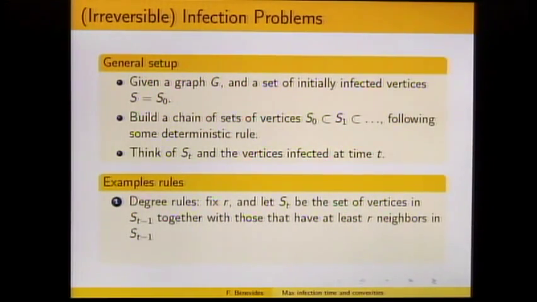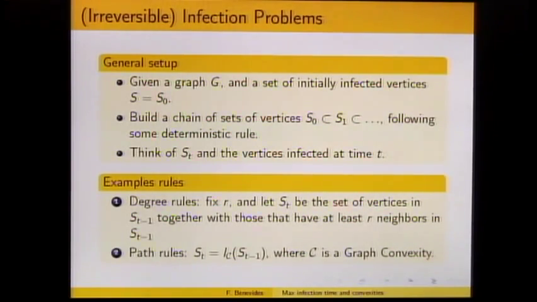You start with your set S0, and then at some time t, who are the guys in St? It's everyone who was infected before, together with the elements that have at least R infected neighbors. So this is one way some infection can spread, and we call this the bootstrap rule, let's say.